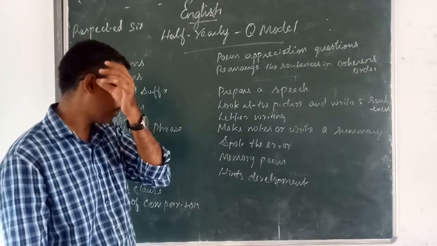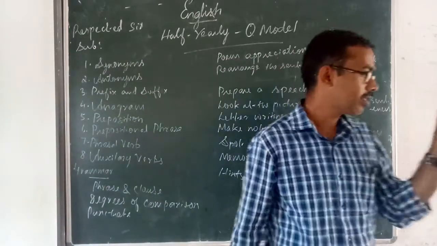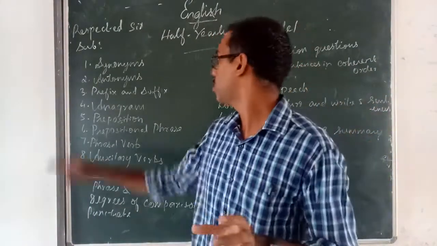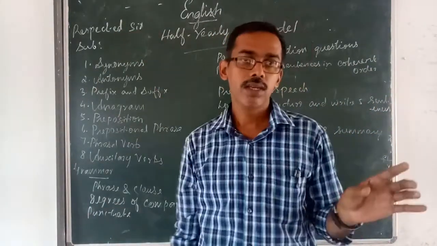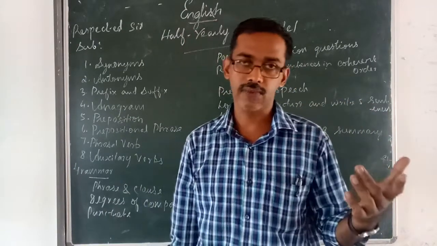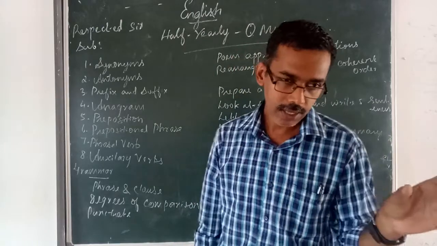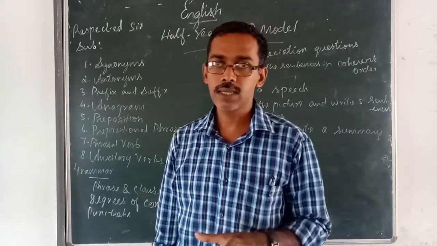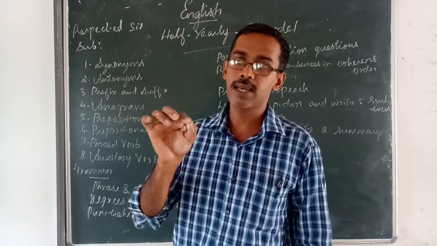Next one, hints development. A passage will be given using hints in small hyphens. You have to read it properly and select a heading first. Write a heading first and elaborate the hints. Write paragraph-wise.